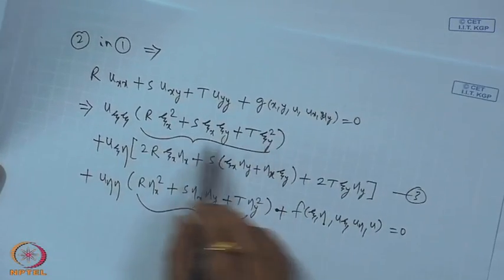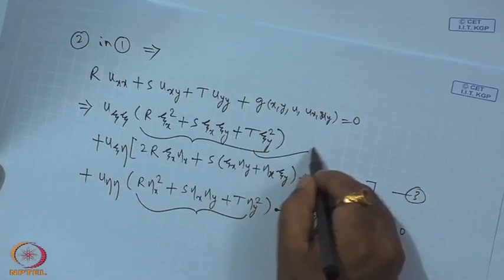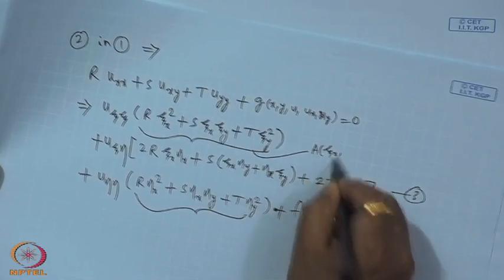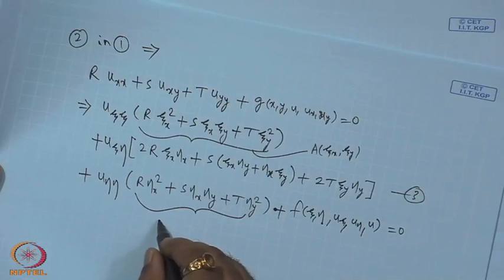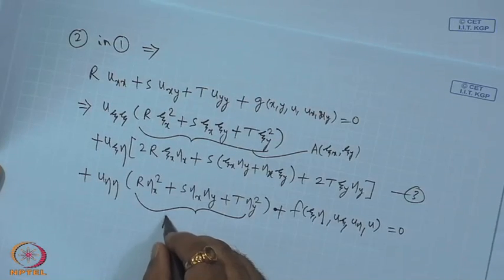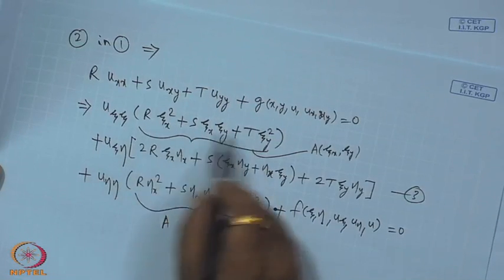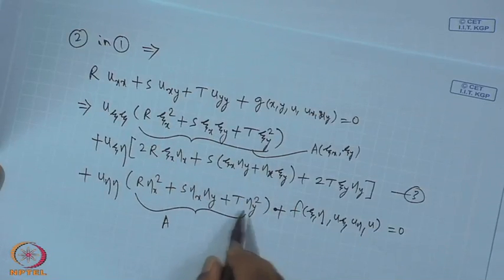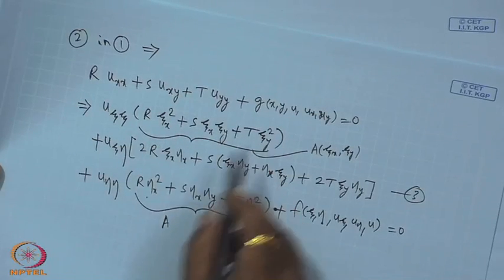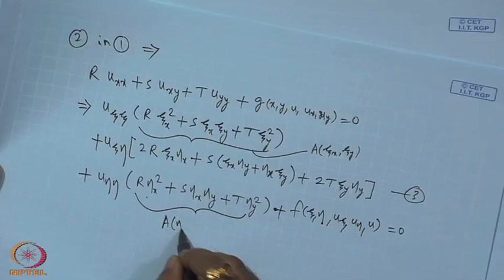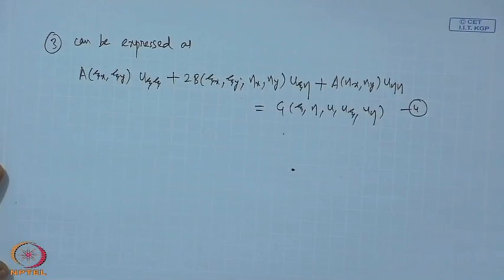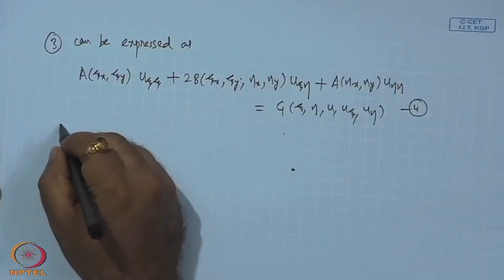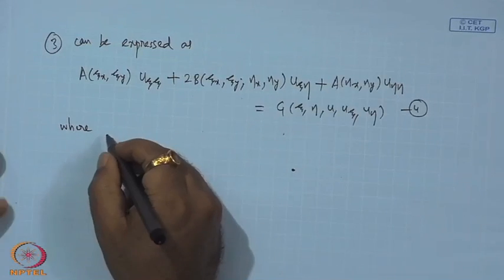How did we do this? Look, I am putting this as a of, and this is the same operator because r s t on this, the operator is the same, just here zeta x zeta y, eta x eta y. So it can be put in this form.